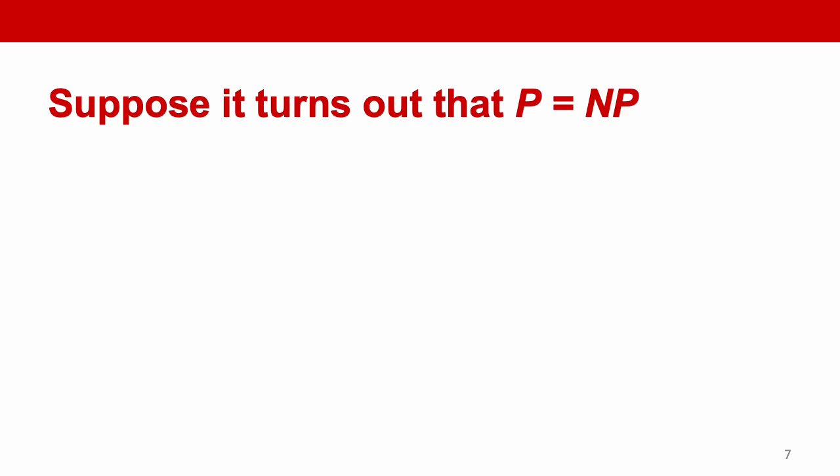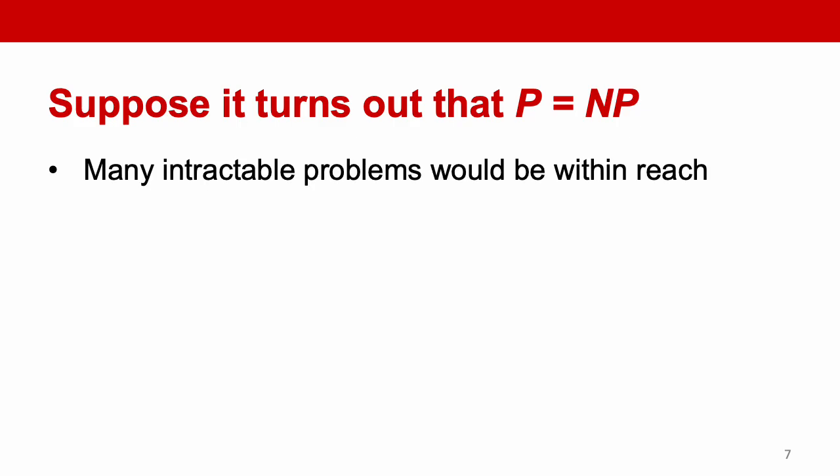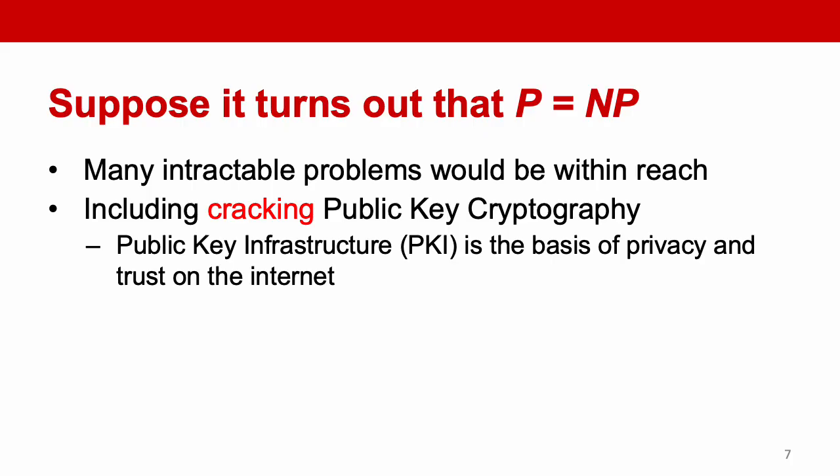And then there are some implications. Many problems that we considered intractable would be within reach. And that includes cracking public key cryptography. Public key cryptography relies on the fact that we don't know that P is equal to NP, and hopefully that it's not. And all of privacy and trust on the internet is based on that.